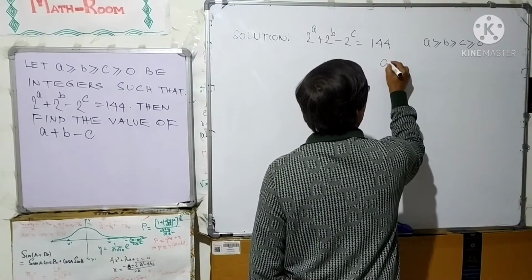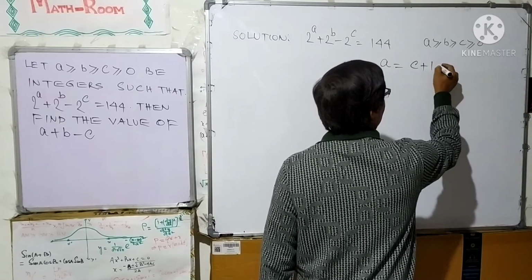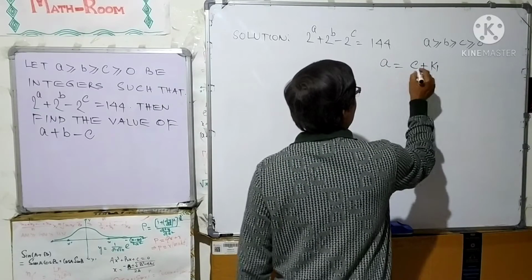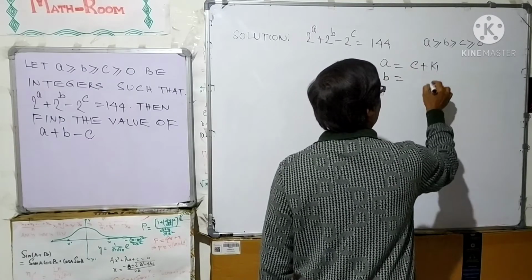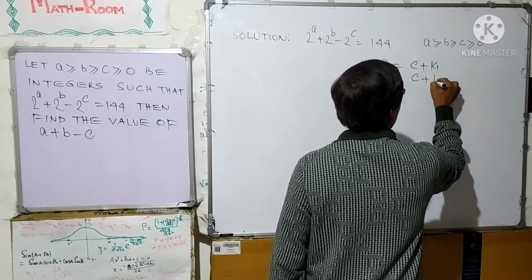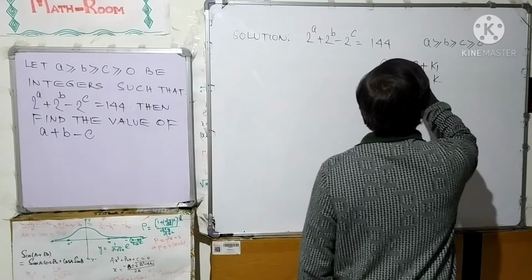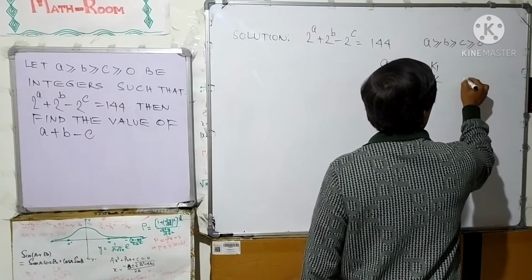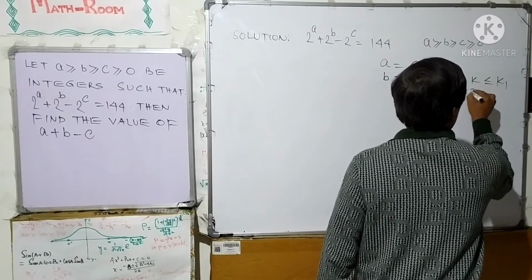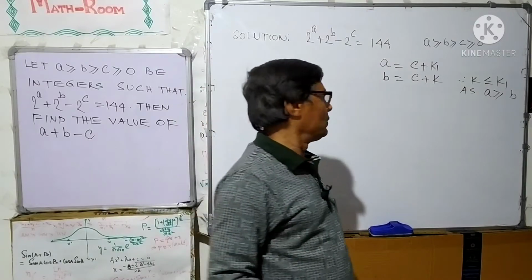We can write a = c + k1, where k1 is an integer, and also b ≥ c, so we can write b = c + k, where k is also an integer. Also a ≥ b, so we can write k ≤ k1.